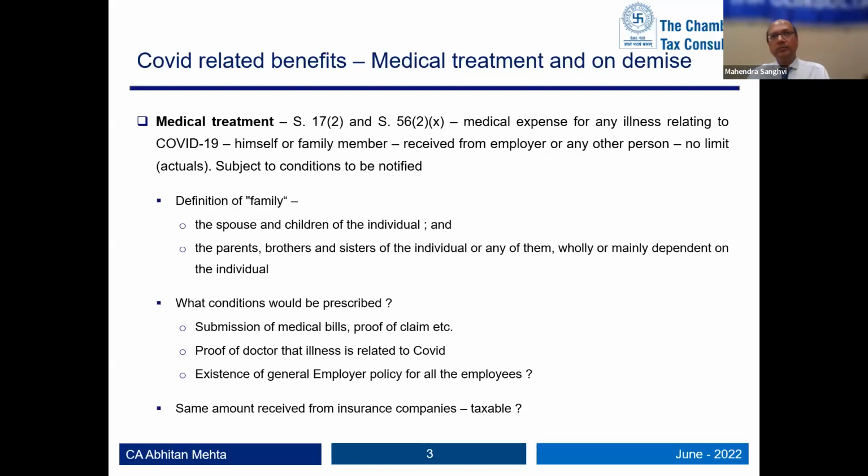Here, otherwise, the clause would be rendered otiose for 2 years, which doesn't seem to be the intention of the legislature when a benefit has to be given retrospectively. So I would read that if conditions are not provided and if they are not going to be provided with retrospective effect, only satisfying the preliminary requirement that the disease is related to a COVID illness and it is either you or your family and it is coming from any person, that should be good enough.